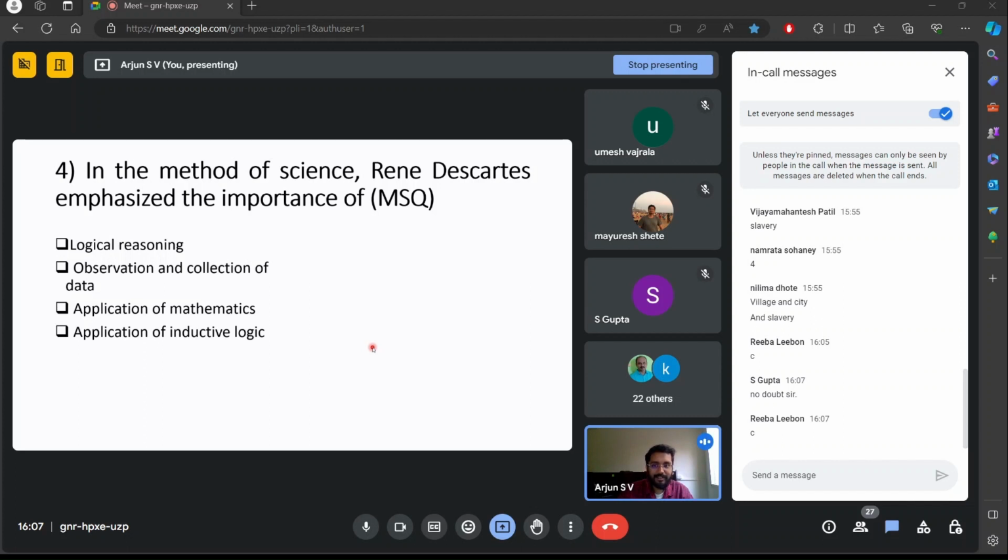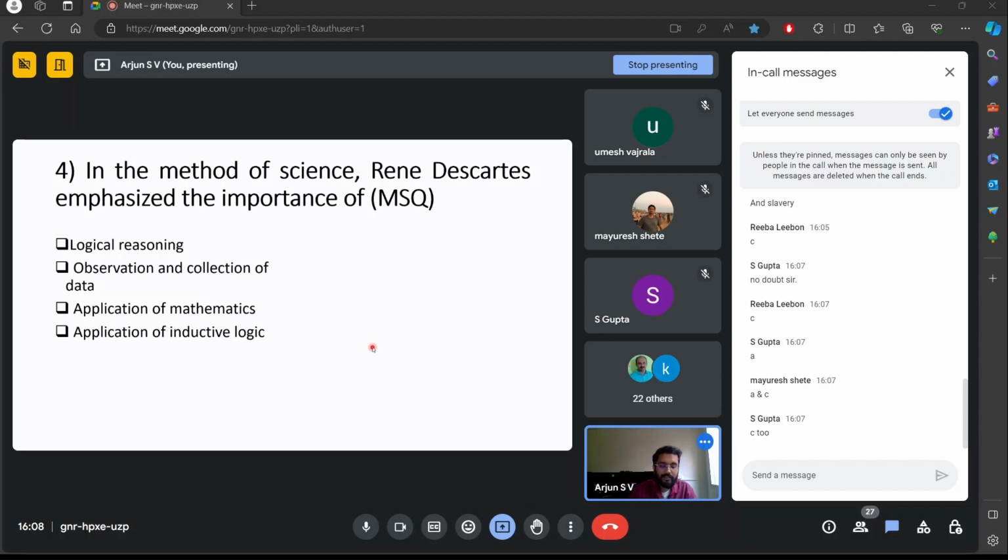Rebal even is saying application of mathematics, but it's an MSQ. So what else did he say? Correct, obviously, Rene Descartes said that mathematics is required to understand physical bodies, and it's essential in building physical understanding. Mayuresh is saying A and C.